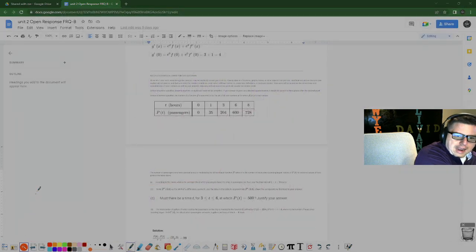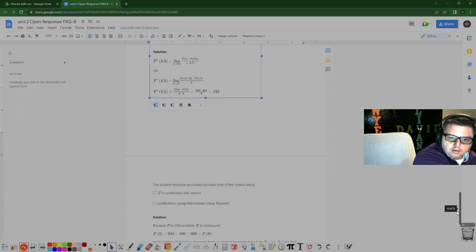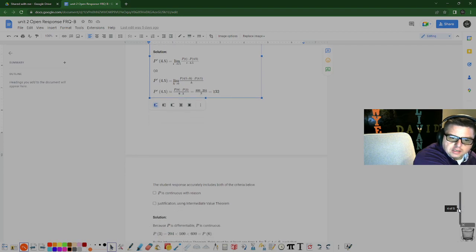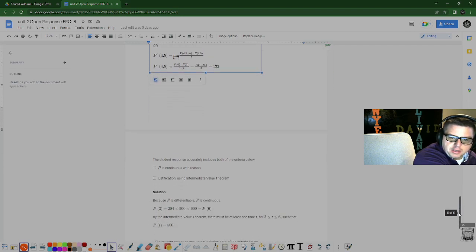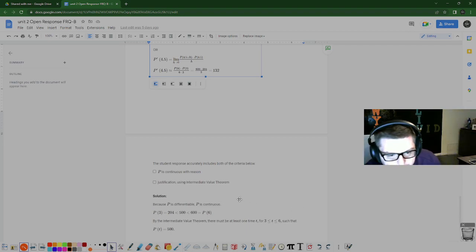And if we look at the solution they give us over here, I'm curious: student's response accurately, P is continuous with reason. So what is the reason they're going to give? Because P is differentiable, P is continuous. But where does it say P is differentiable?